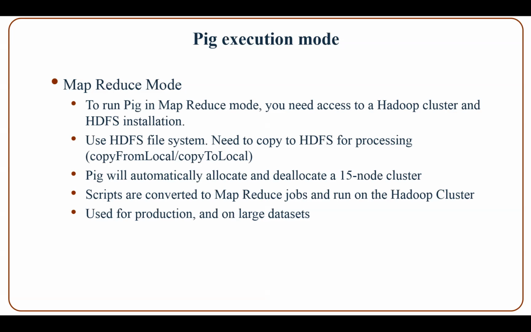Several steps are automatically implemented by Pig, and then the scripts are converted to MapReduce jobs and run on the cluster. And it is mainly used for production and on large datasets.